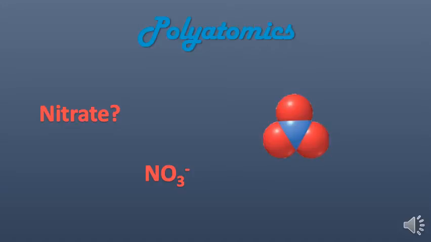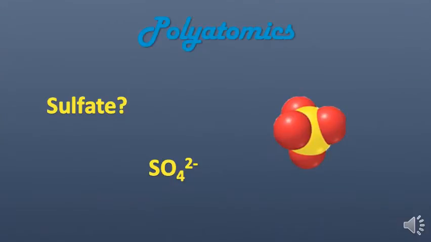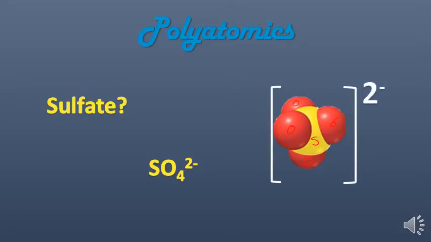Same goes for nitrate. Nitrate is 1 nitrogen atom covalently bonded with 3 oxygen atoms. And when it does that, it ends up with a charge of -1. Sulfate, again, 1 sulfur, 4 oxygens, and when they covalently bond like that, they end up with an overall charge of -2.